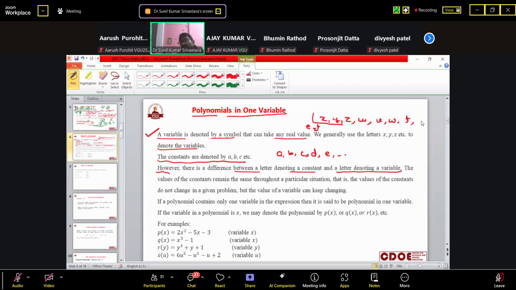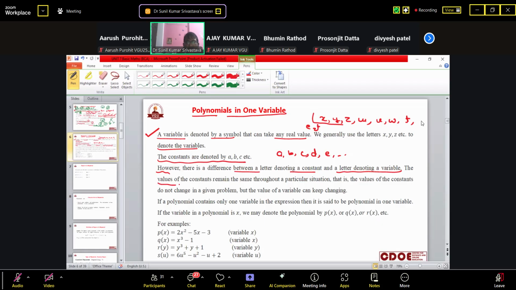When we denote a variable, we use the letters x, y, z, r, u, v, w, and so on. When we denote a constant, we take the letters a, b, c, d, like that. This pattern is followed everywhere. To denote constants, we use A, B, C, and to denote variables, we use x, y, z, u, v, w, t. That's it. So this is the difference.